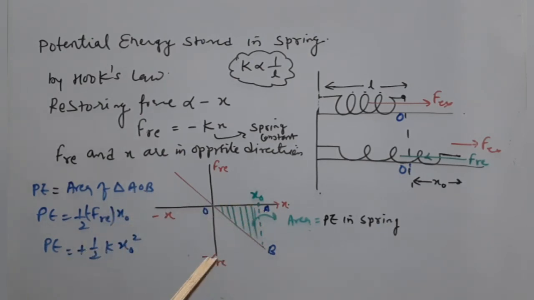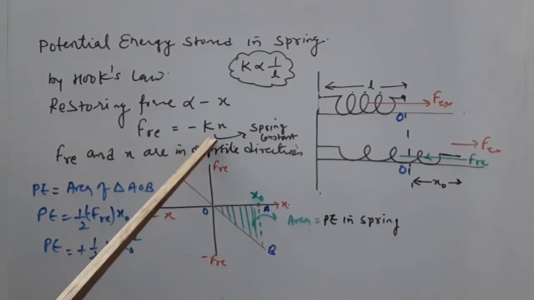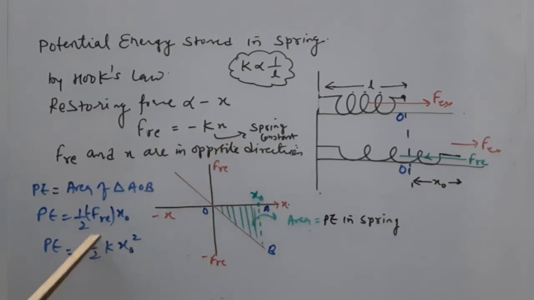Now P is equal to 1 by 2 into Fre into x naught, and in place of Fre we write K x naught. Then on solving we find potential energy is equal to 1 by 2 K x naught square. So potential energy in a spring depends on the extension as well as on the spring constant.